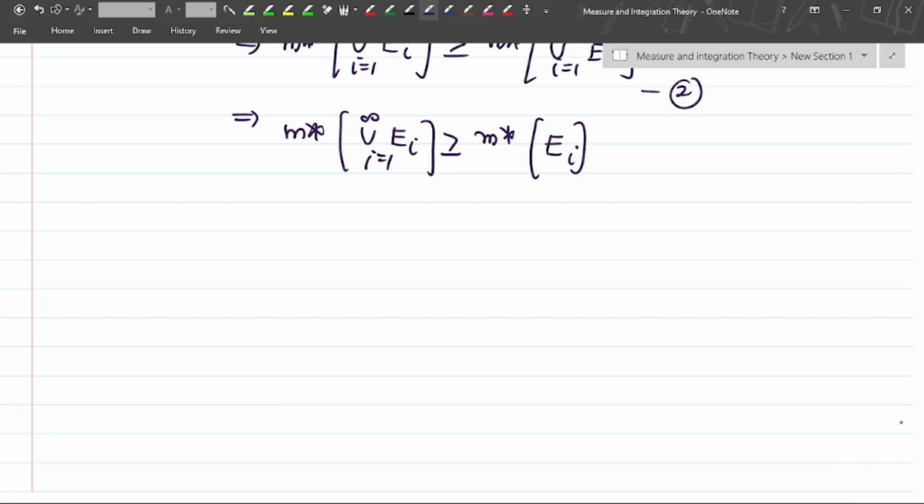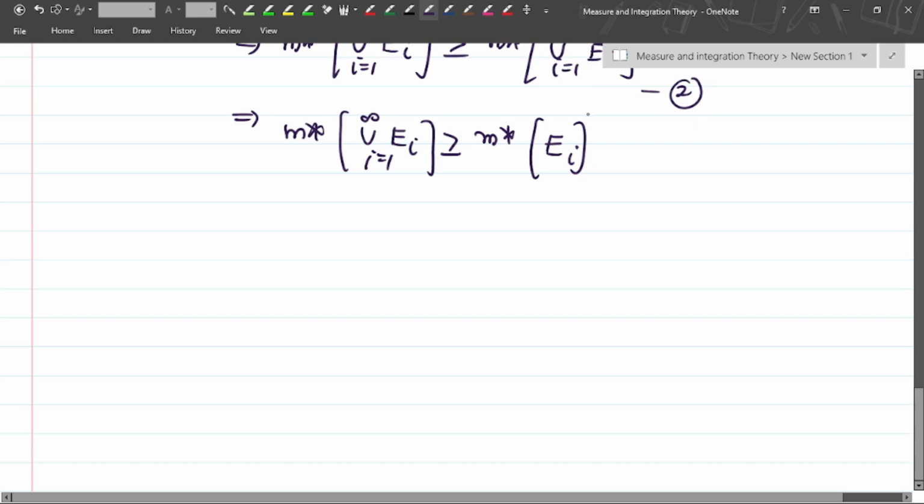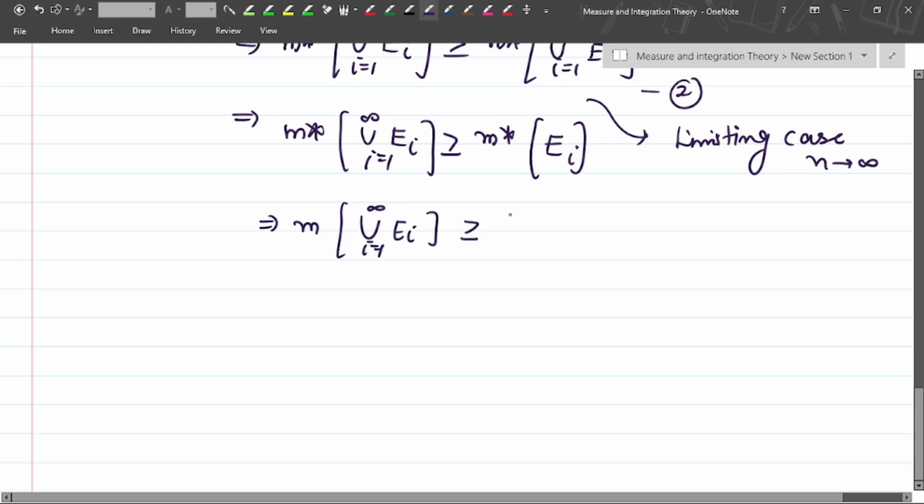It is basically the limiting case, n tending to infinity. In the limiting case, the measure of the union i = 1 to infinity of all Ei is greater than or equal to the summation i = 1 to infinity of m of Ei.